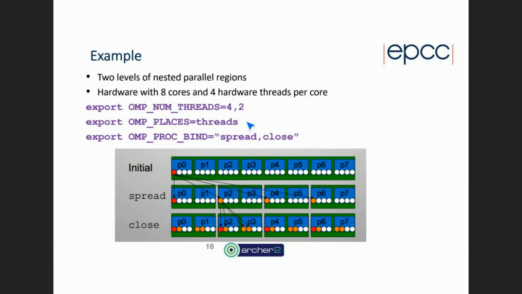You tell it to put OpenMP threads on different cores in preference to that; it's not the default.